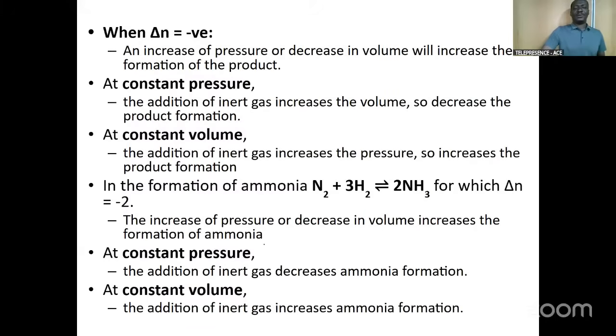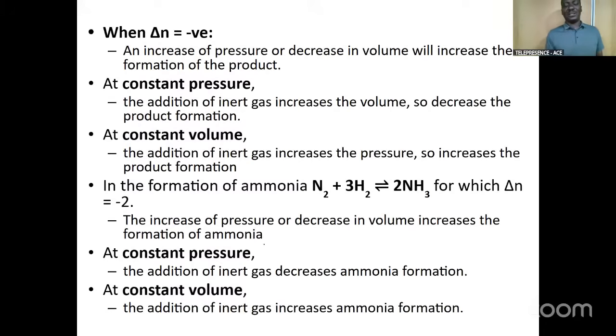What then happens if an inert gas is added? Like I said in the previous slide, the essence of adding inert gas could be to increase pressure or to increase volume. Before you increase pressure, the system will be at a particular constant pressure. If you now add an inert gas, it will cause an increase in the pressure of the system, and so it will lead to formation of the product because you have increased the pressure.